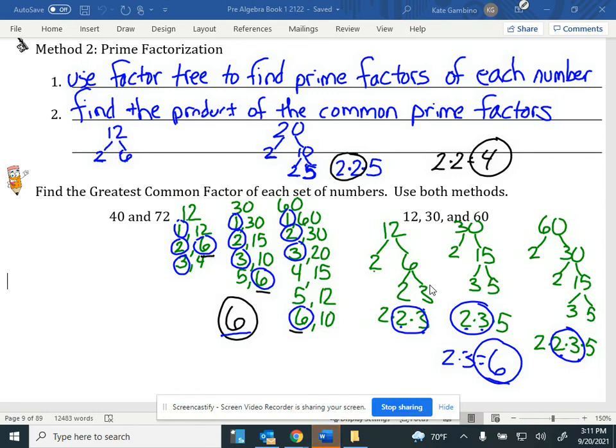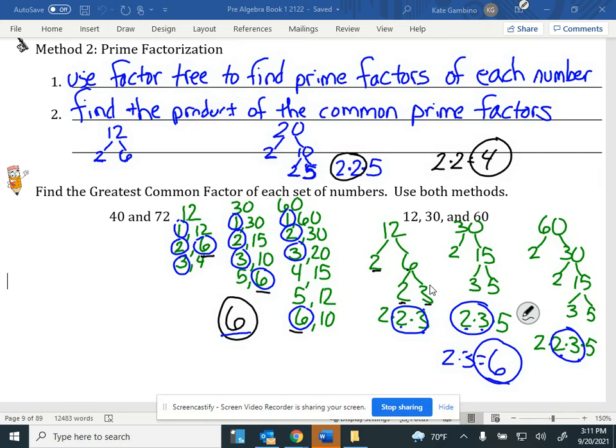So you need to decide: does it make more sense for me to do my factor pairs and make sure that I find each pair of numbers? Sometimes we miss a pair of numbers. Or should I do the factor tree and make sure I come down to those prime numbers? Some of us have a hard time remembering that 6 is not a prime number.